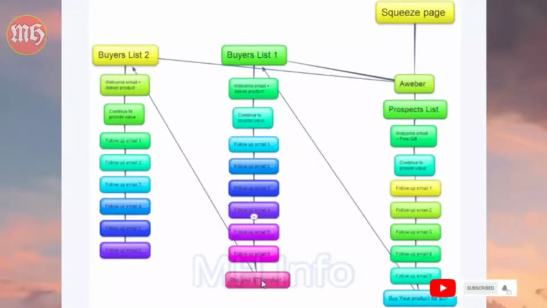So again, this is something that only you can decide. It depends how much value you provide in your courses, in your products. It's all up to you how you set your prices.